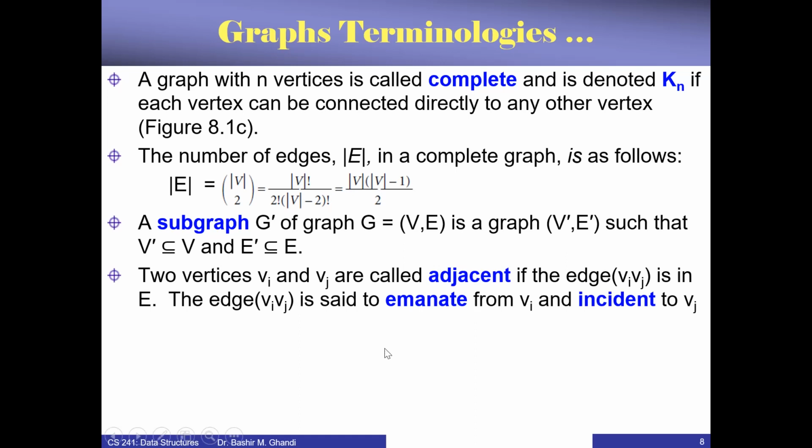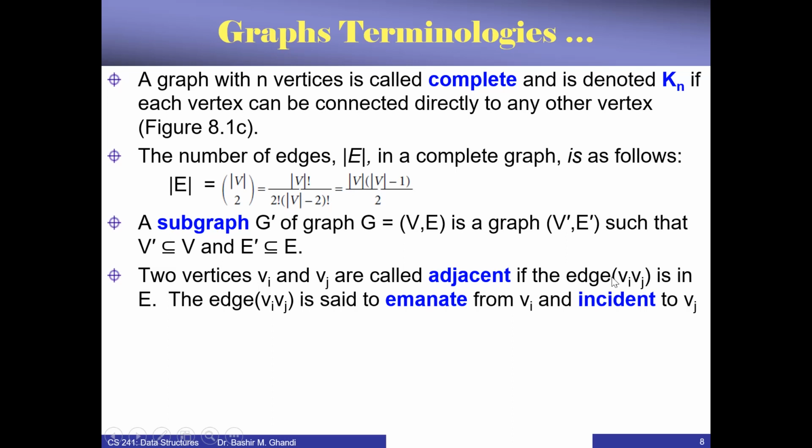Okay, another definition: 2 vertices Vi, Vj are said to be adjacent to one another if the edge Vi, Vj is a valid edge. In other words, if there exists an edge connecting these 2 vertices.